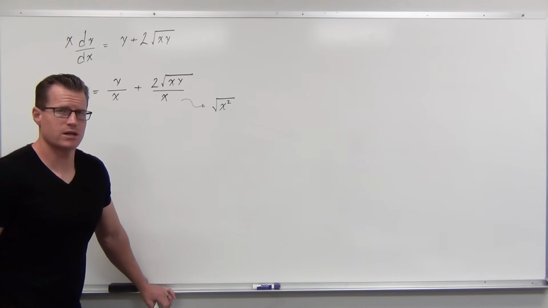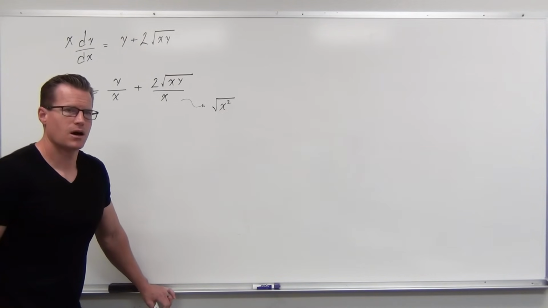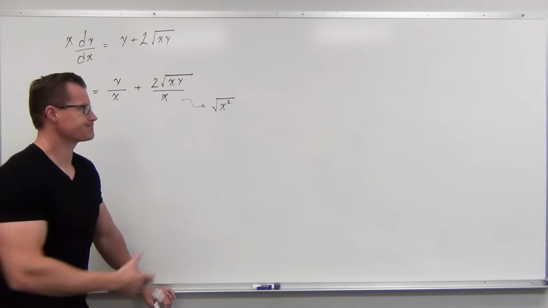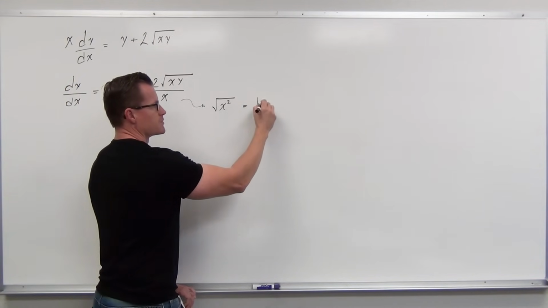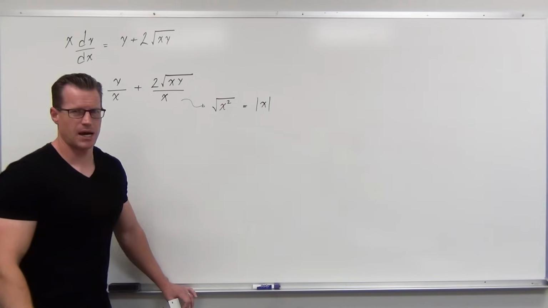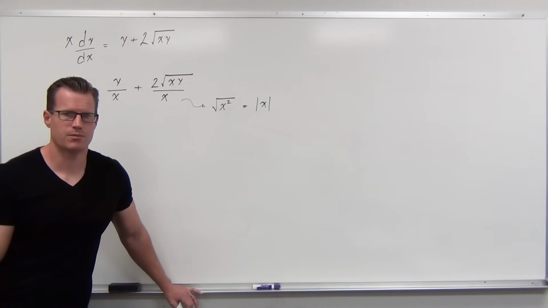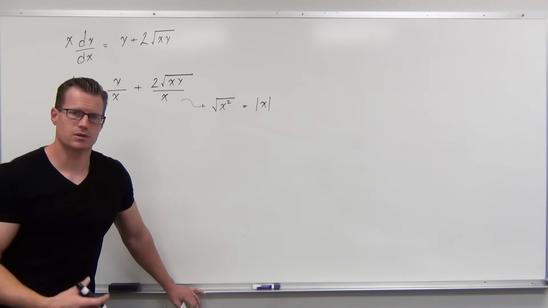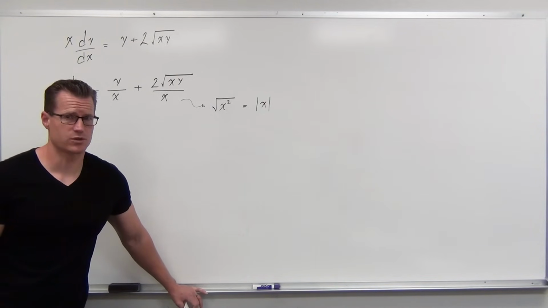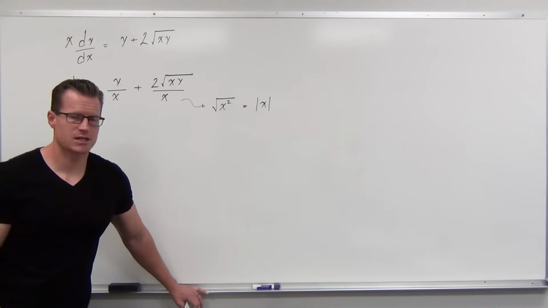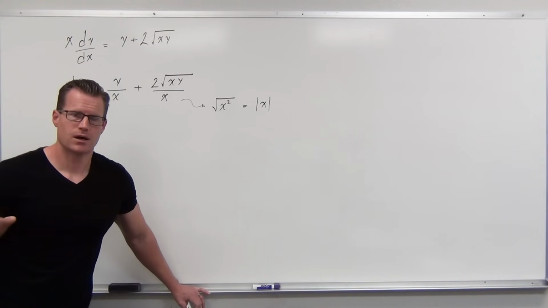And so you might see a domain restriction here, like, hey, assume that x is positive so you can make this substitution. Otherwise, the actual solution here would be the absolute value of x. So that's an even root and an even power. The absolute value of x is only equal to x if x is greater than 0. So you might see a domain restriction on some of these problems. Some textbooks just flat out omit them. That would be an issue, but some of them don't.